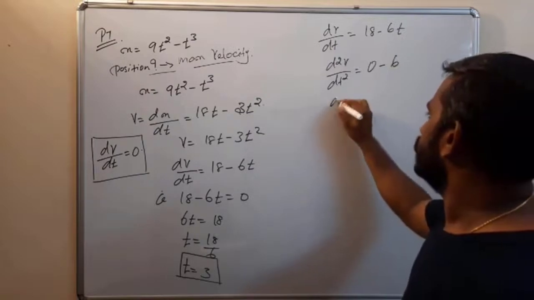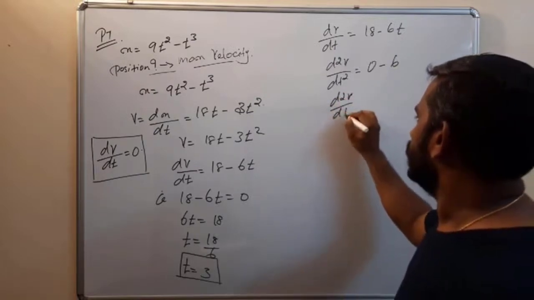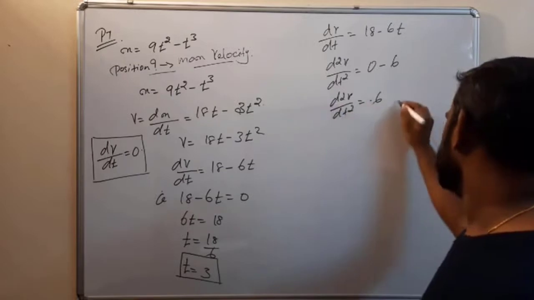So d square v by dt square is equal to minus 6.